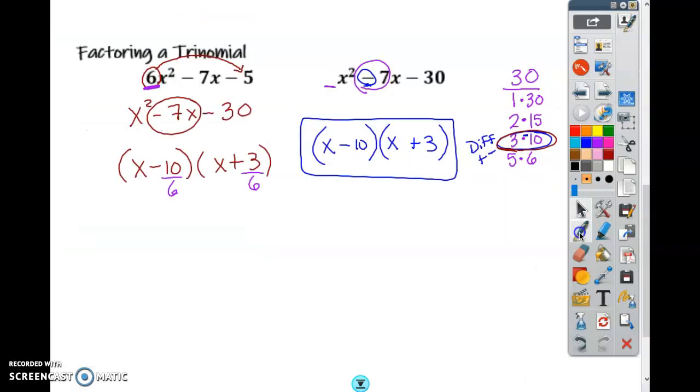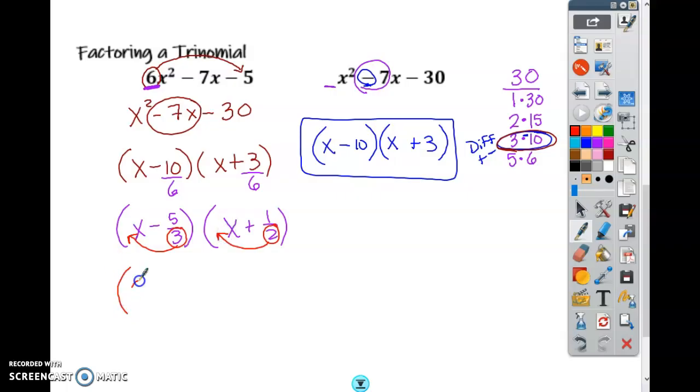So negative 5 over 3. This is x minus 5 over 3. And this is x plus 1/2. So we're going to move the denominator. That 3 is going to go in the front. And that 2 is going to go in the front. So I end up with 3x minus 5 and 2x plus 1.